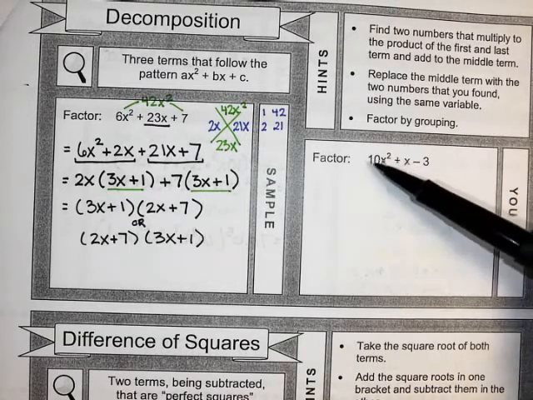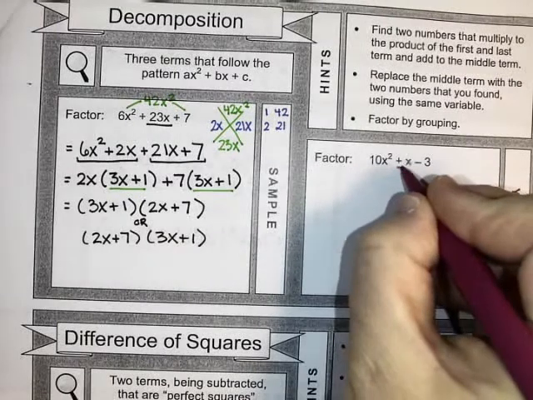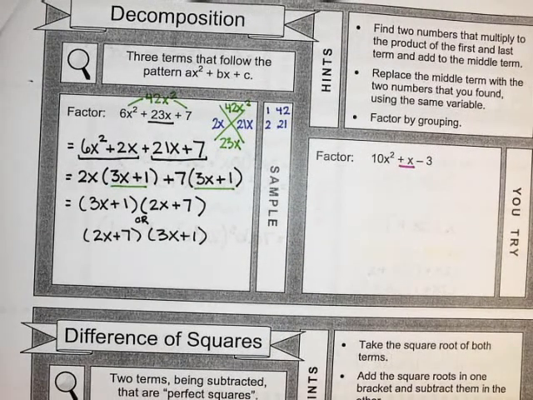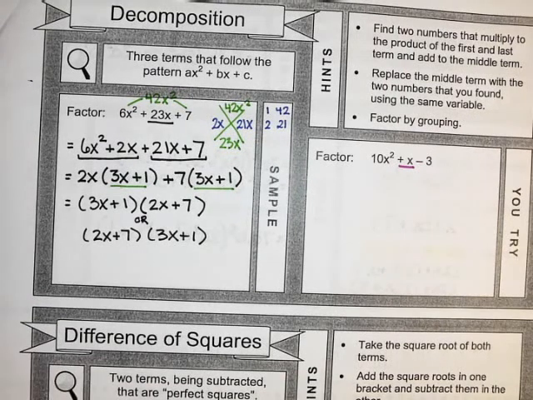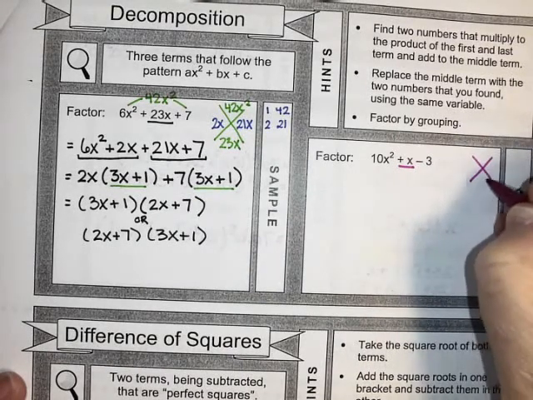Okay, so I have 10x squared plus x minus 3. So the first thing I need to do is try to figure out what we're going to put in place of that plus x. So I want to know what were the like terms that I used to collect together to get plus x. So I need two terms that add to x.